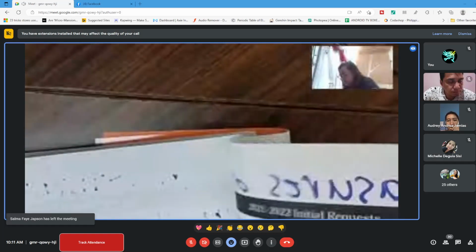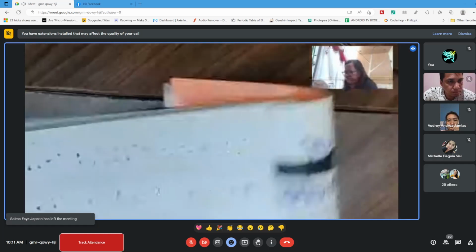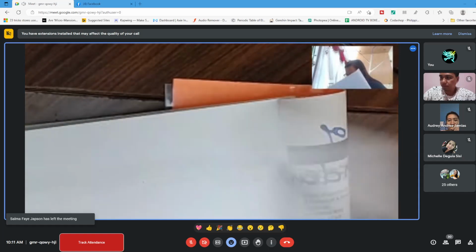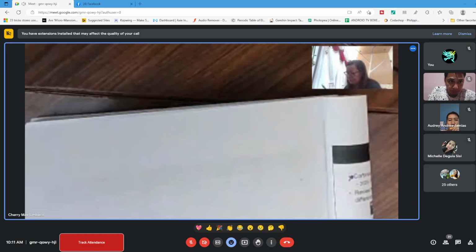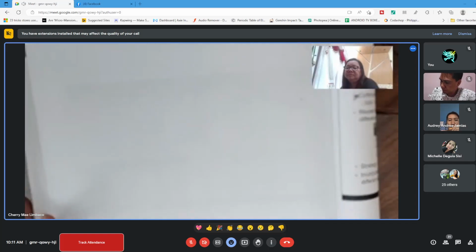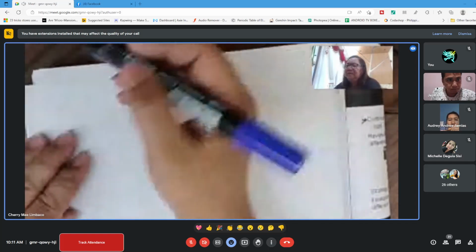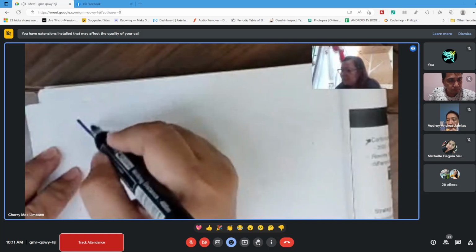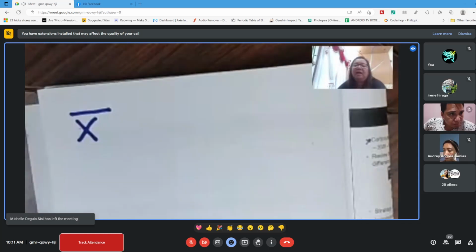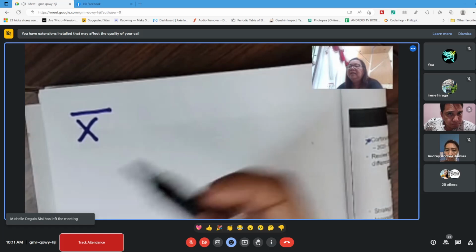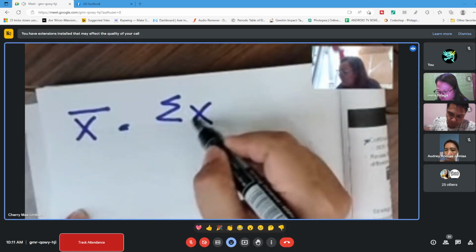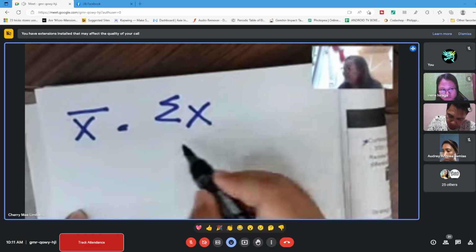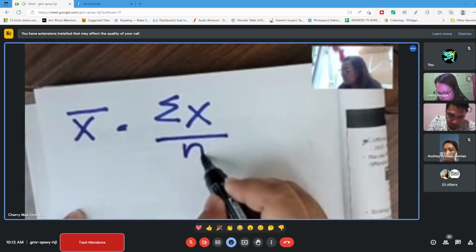Okay, now, I'd like to request you to solve for the mean of this. Okay, this is the formula for mean. Mean bar is equal to sum of x over n.